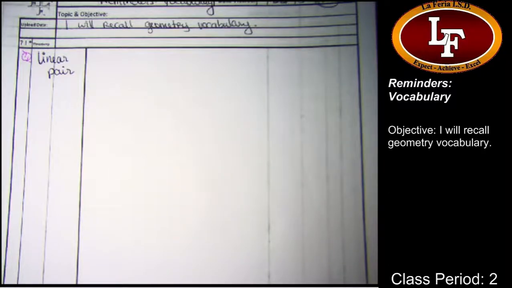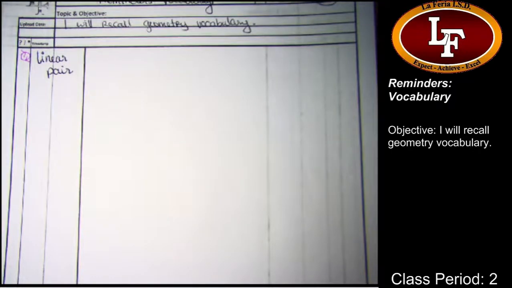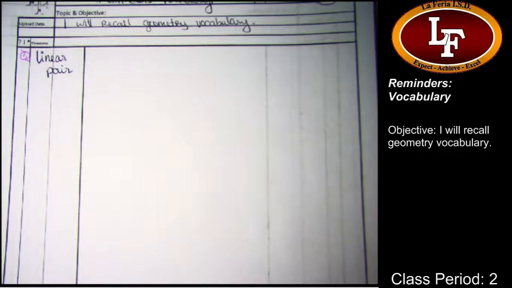Look for them. Do you have your phone? All right, look it up. What do you remember about linear pair?